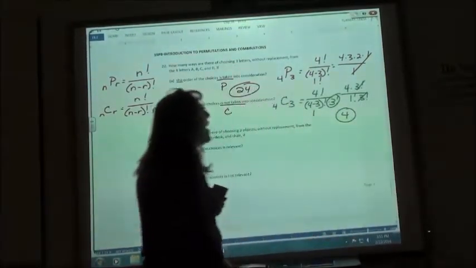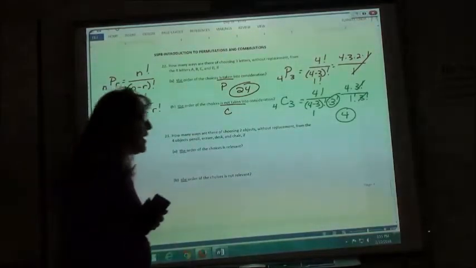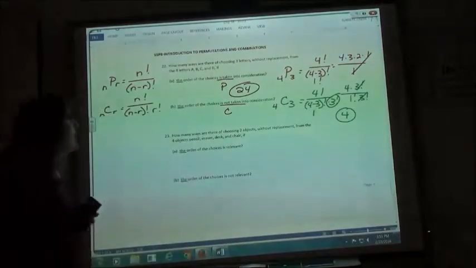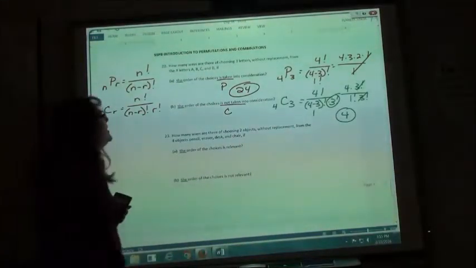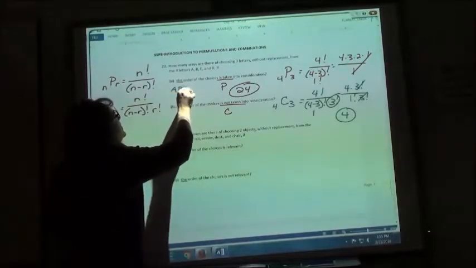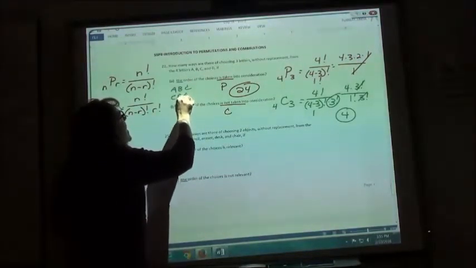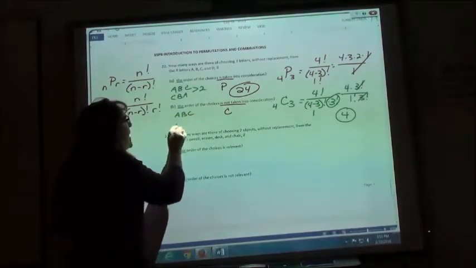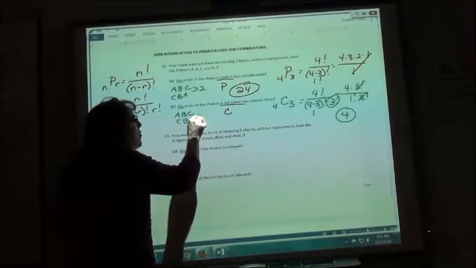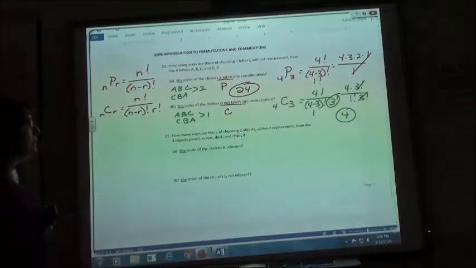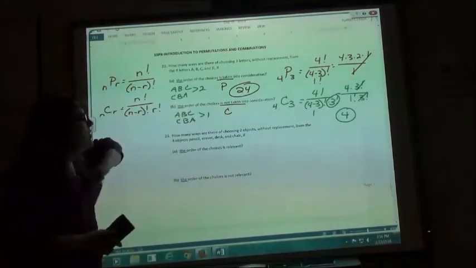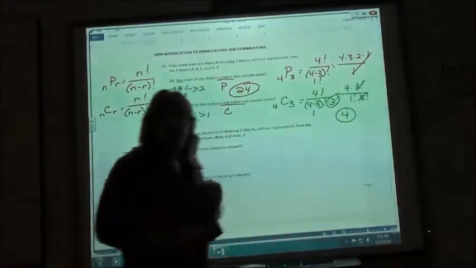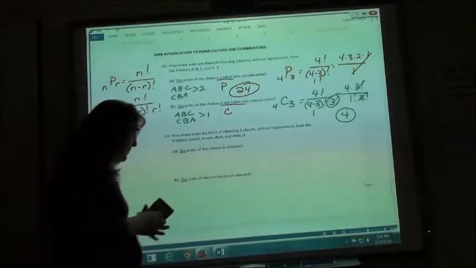I only have 4 possible combinations instead of 24 possible permutations. So if I have A, B, C, D, and I'm taking 3 of them at a time, here A, B, C is different from C, B, A. That's 2 different ways. But here A, B, C is the same thing as C, B, A. It's the same group. That only counts as 1 arrangement. So it narrows down and cuts out the number of possibilities. I have 24 permutations, but I only have 4 combinations that I could make.